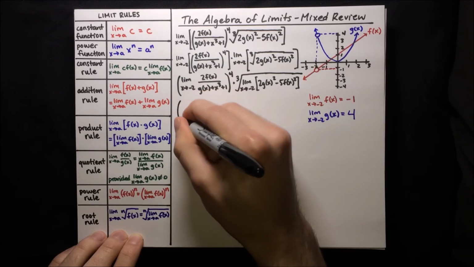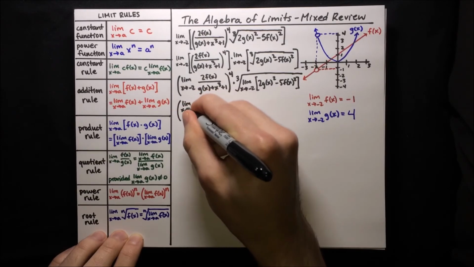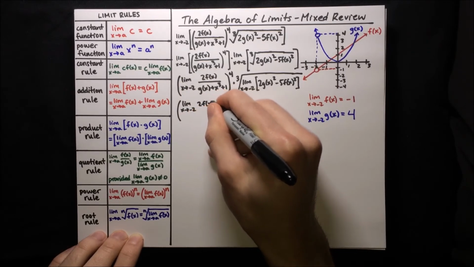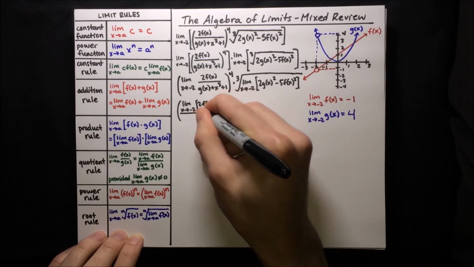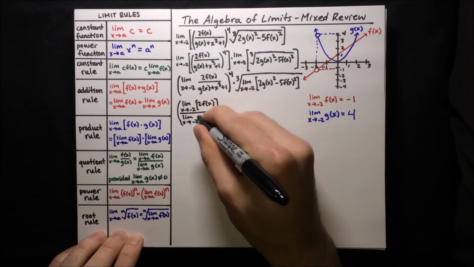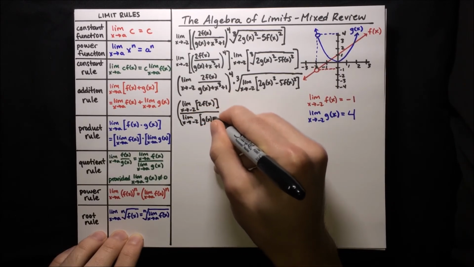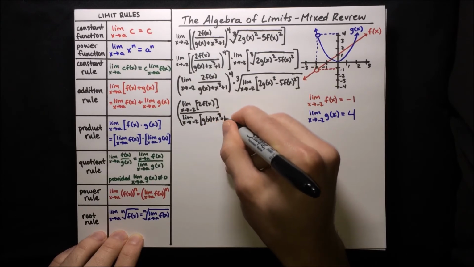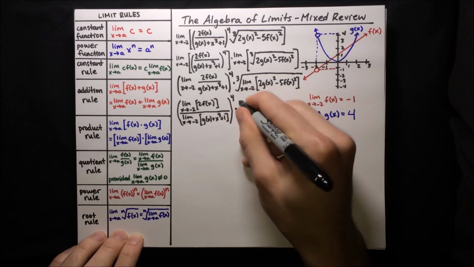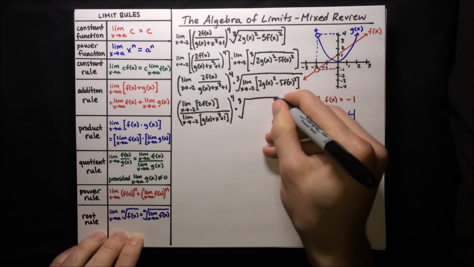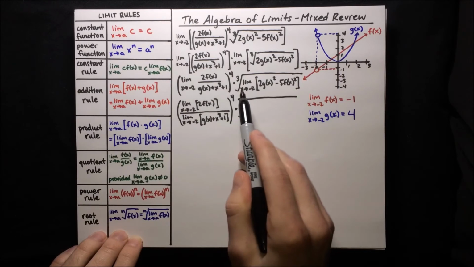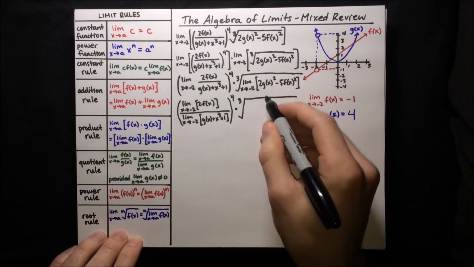So this is the limit as x approaches -2 of 2f of x over the limit as x approaches -2 of g of x plus x to the third plus 1, and that's all to the fourth power, then times the cube root of, well, our addition rule tells us that we can split up the limit over addition, so let's do that.